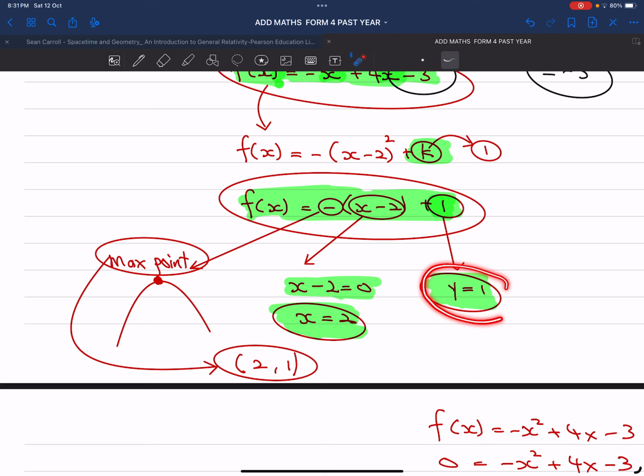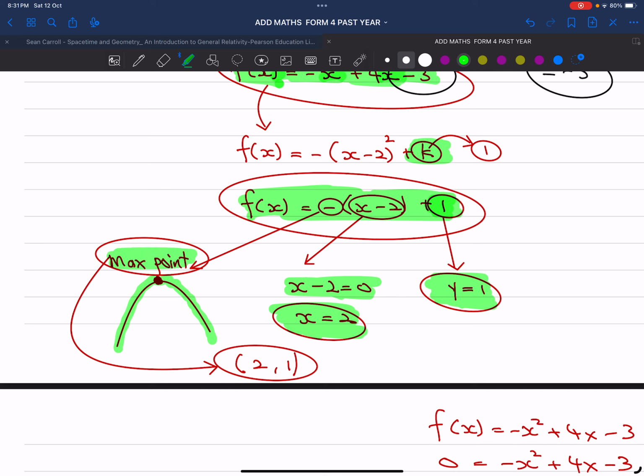You remember, the negative outside the brackets is telling that the graph is n-shaped, which means it must have a maximum point.